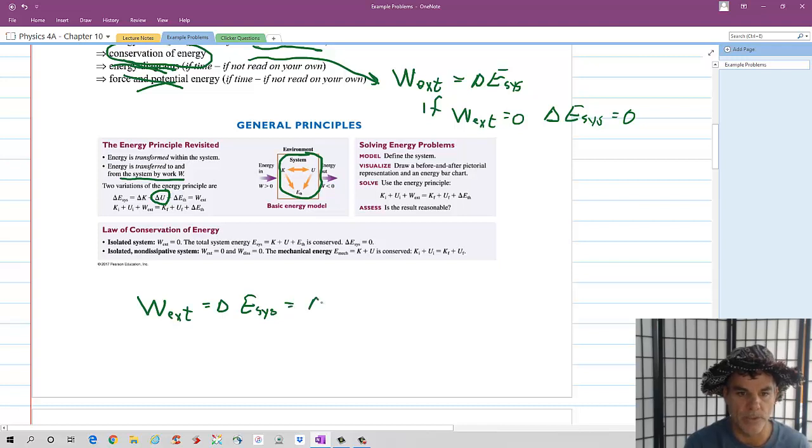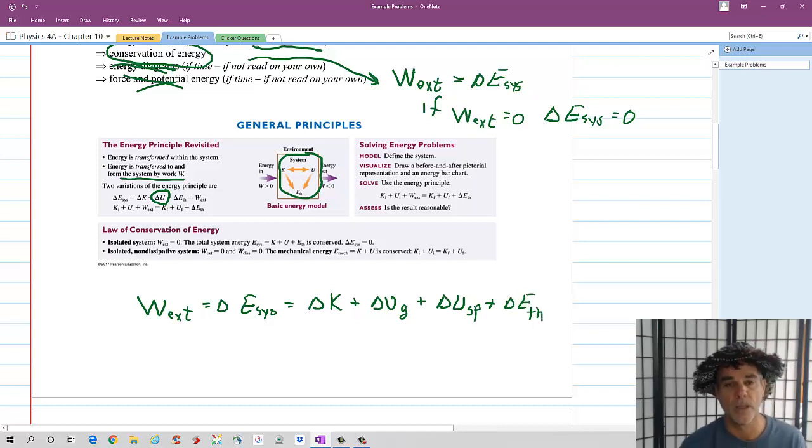And that can result in the kinetic energy changing, the gravitational potential energy changing, the elastic potential energy changing, and the thermal energy changing. So we just need to be specific in how we define our system, and that'll let us know whether or not we can use gravitational potential energy, elastic potential energy, or even thermal energy.